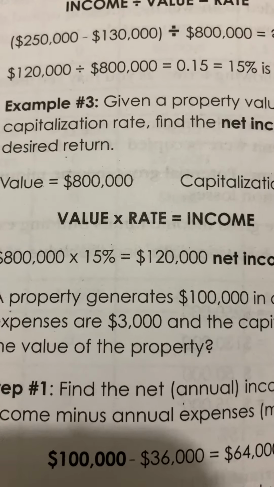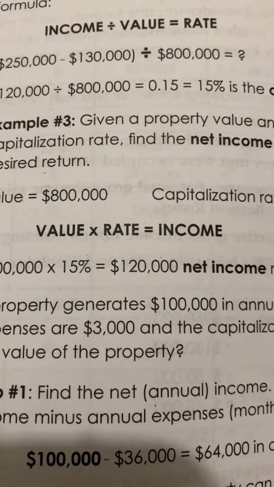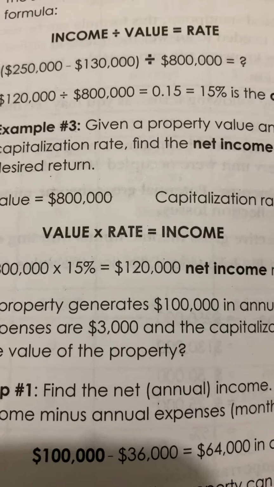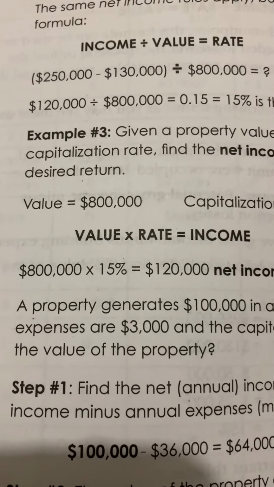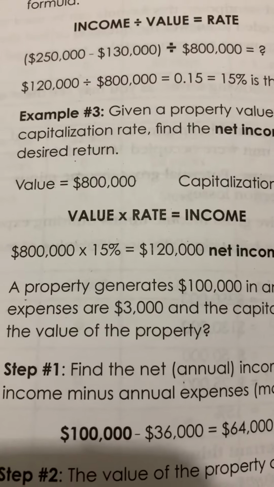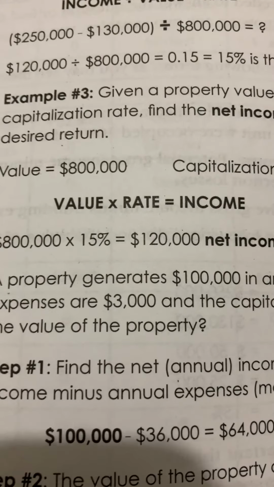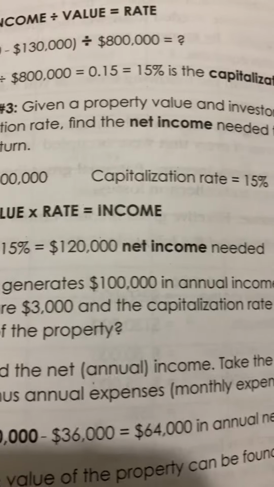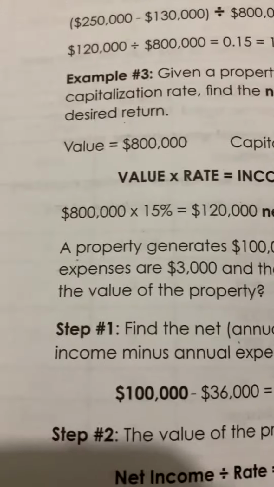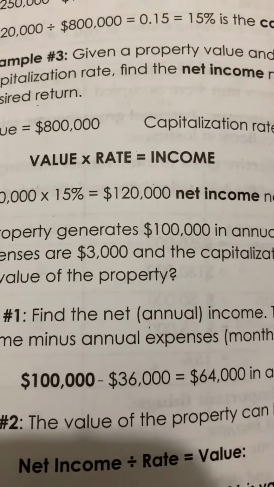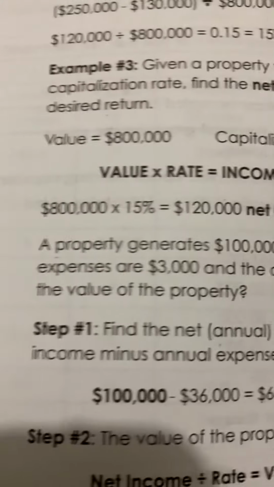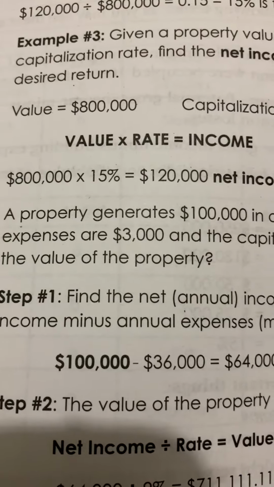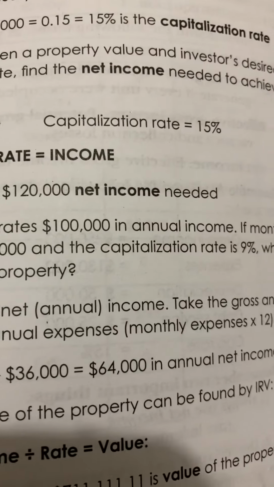Value multiplied by rate equals income. $800,000 multiplied by 15% equals $120,000 net income needed.